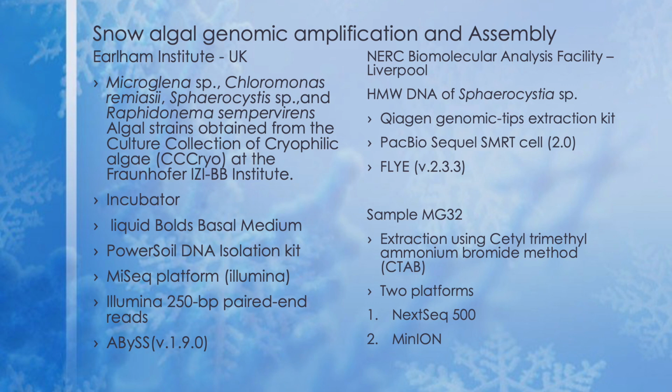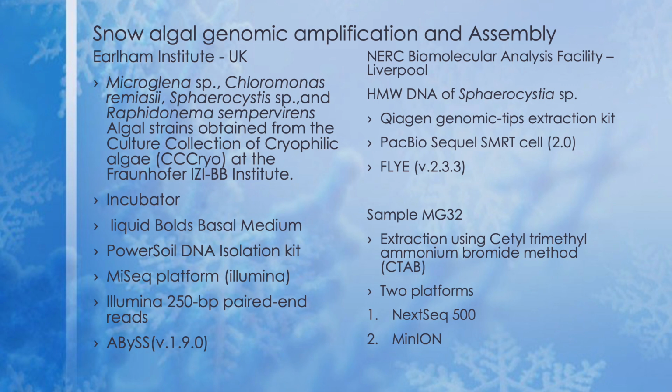The PacBio Sequel reads of the strain 101-99 were de novo assembled using Flye version 2.3.3, using a minimum subread length of 5,000 base pairs and an estimated genome size of 120 megabase.